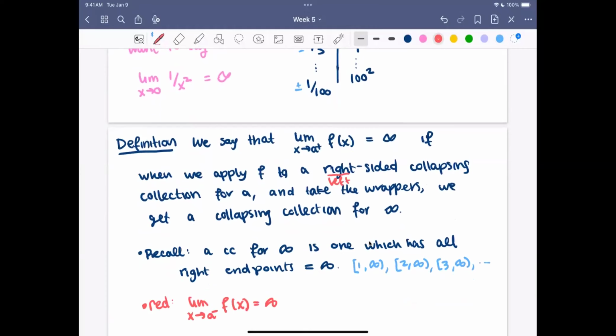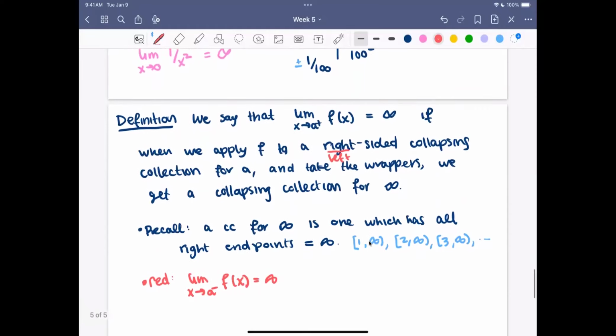Okay, maybe I'll pause for questions if we're adding more footnotes to this definition. Other questions? Okay, more footnotes. If the limit from the left and the limit from the right agree and they're both infinity, then we have the limit as x approaches a of f of x is infinity.